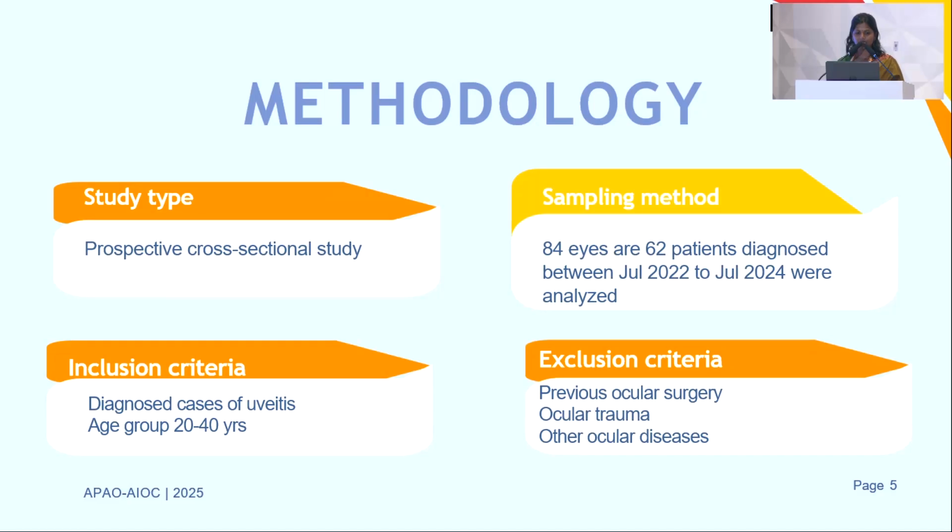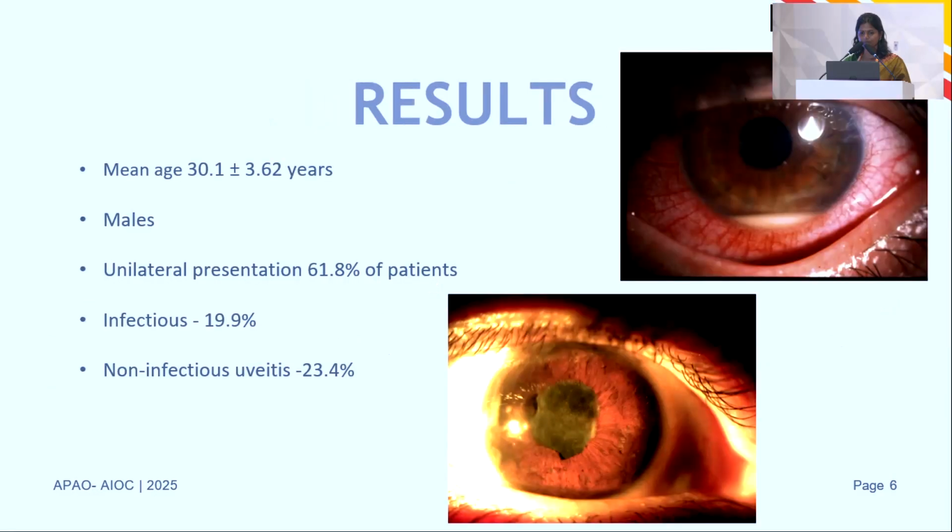Diagnosed cases of uveitis in the age group of 20 to 40 years were analyzed. They were all young and healthy. Exclusion criteria were previous ocular surgery, any ocular trauma, because we do see a lot of traumatic uveitis, so that was excluded, and other ocular diseases.